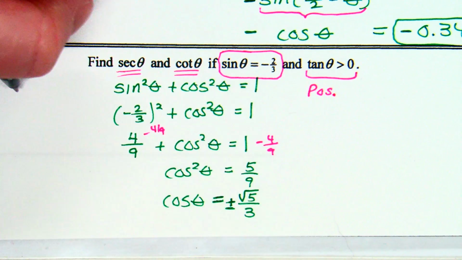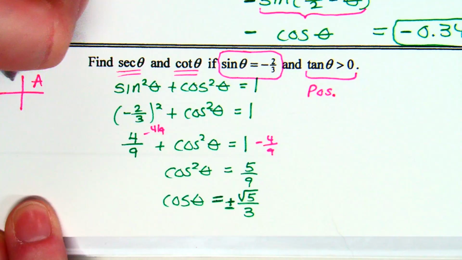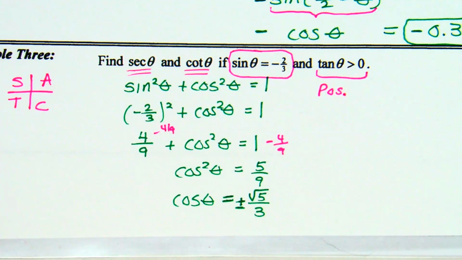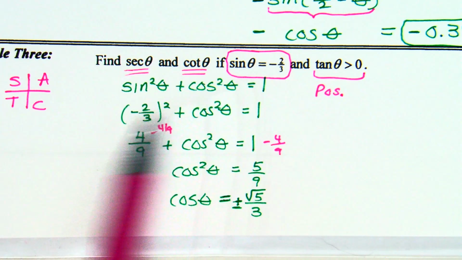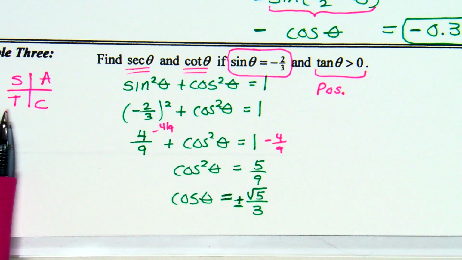If we go back to all students take calculus, we have one quadrant where everything's positive, yes? In the other quadrants of our basic 3, what happens? Sine's the only thing positive, then tangent's the only thing positive, then cosine's the only thing positive. So, if we know tangent's positive and sine's negative, that means tangent has to be positive. Nobody else can be positive, correct? Sorry, I'm tying my words up.